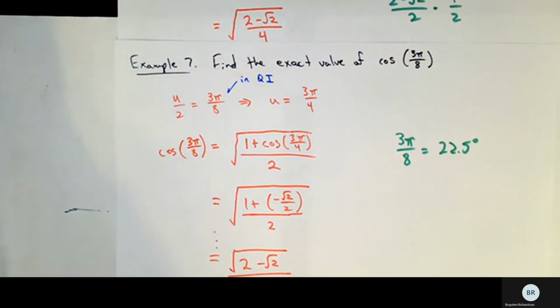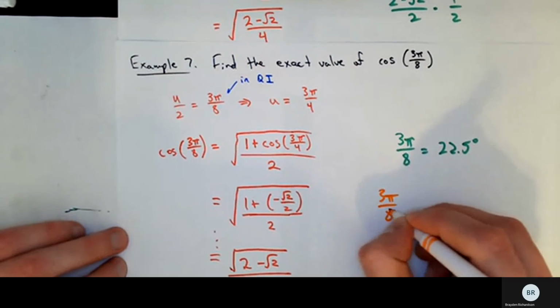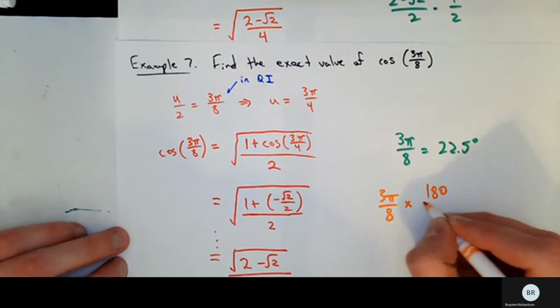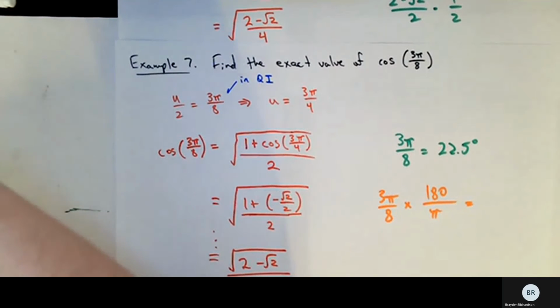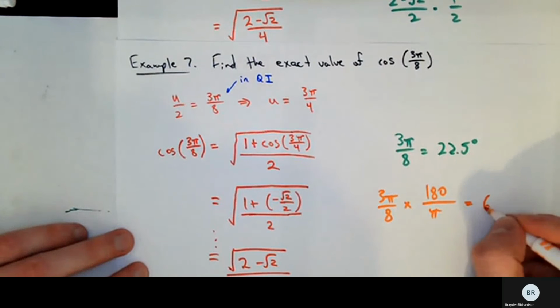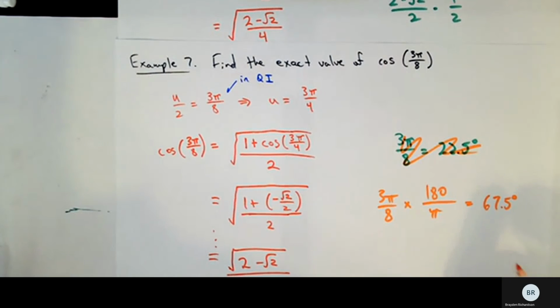Let's see, if we convert 3 pi over 8 times 180 over pi, we get 3 times 180 divided by 8. Sorry, it's 67.5 degrees. So that was wrong. It's 67.5 degrees, but it's still like half of a pi on 4, which is the point I was trying to make. That's why it worked out to be exactly the same.